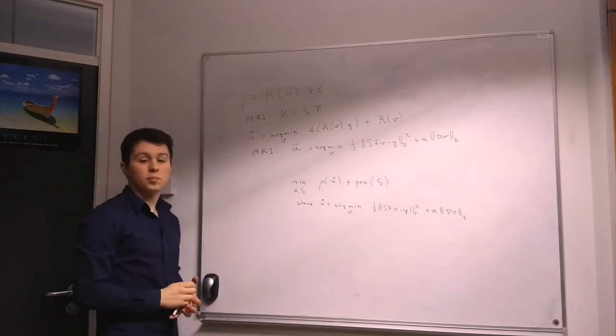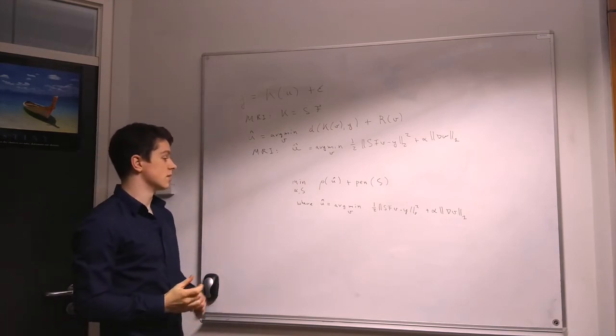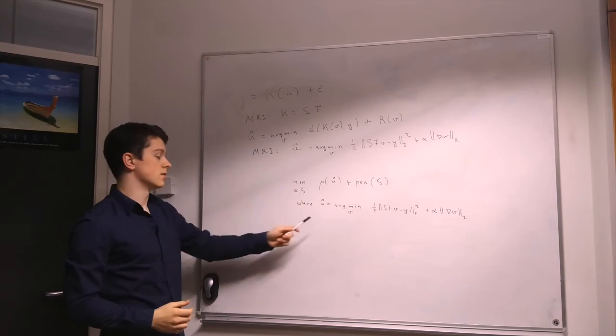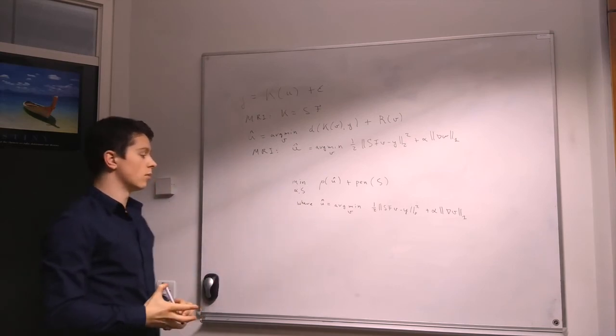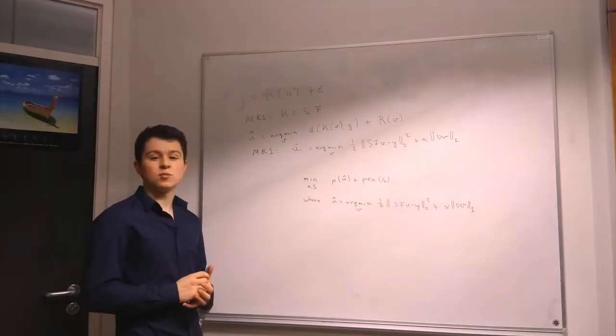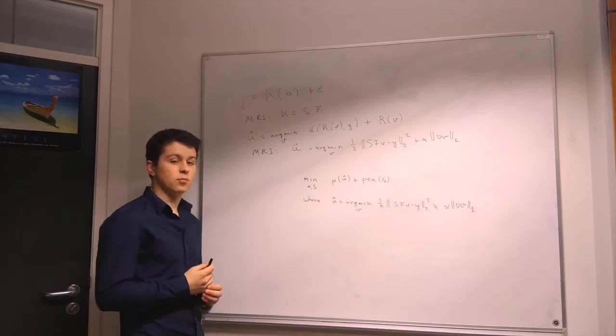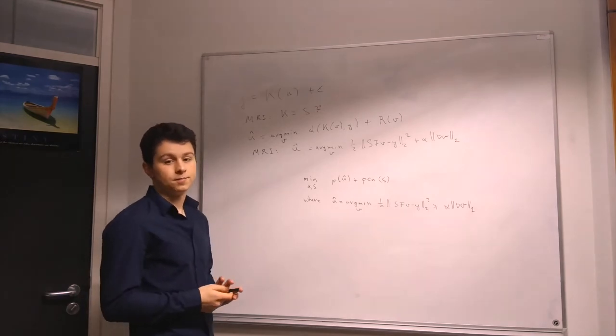This is a so-called bilevel optimization problem because it's an optimization problem that is constrained by another optimization problem. If we could solve this problem, we would be learning a good sampling operator S and a good alpha.